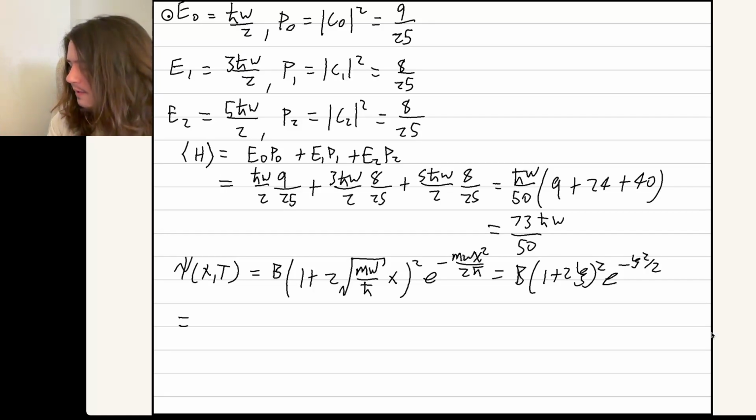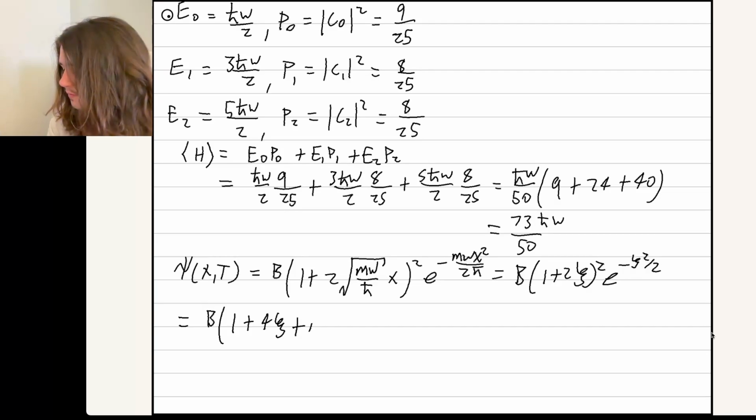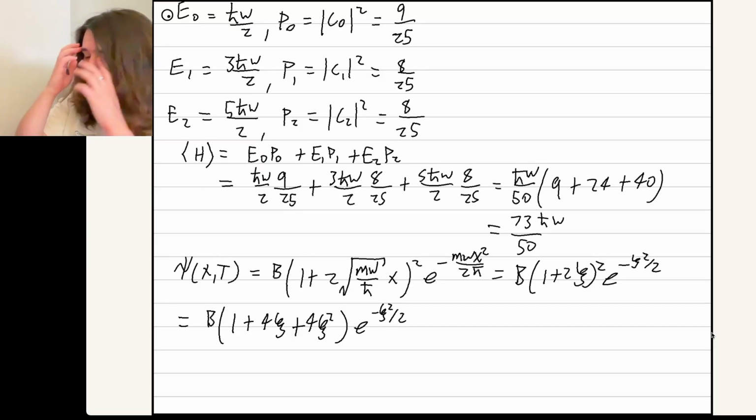And we'll expand it so it's b times (1 + 4c + 4c squared) e to the minus c squared over 2.